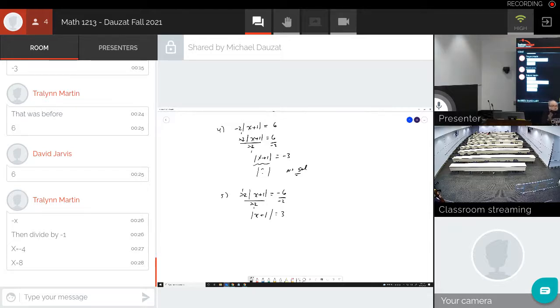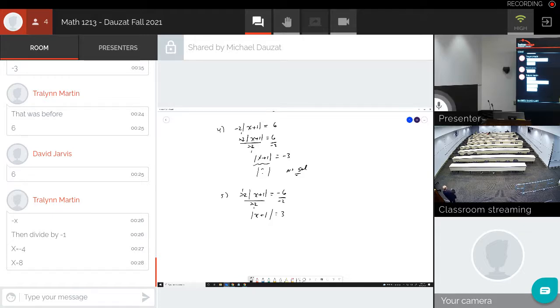The absolute value of an expression equal positive. Is that possible? Yes. So that's where you're going to split it apart. You're going to find the solutions. In fact, you can tell me right away, what's one of the solutions? The absolute value of x plus 1 equals 3. What could x be? 2. 2 plus 1 is 3. Absolute value of 3 is 3.